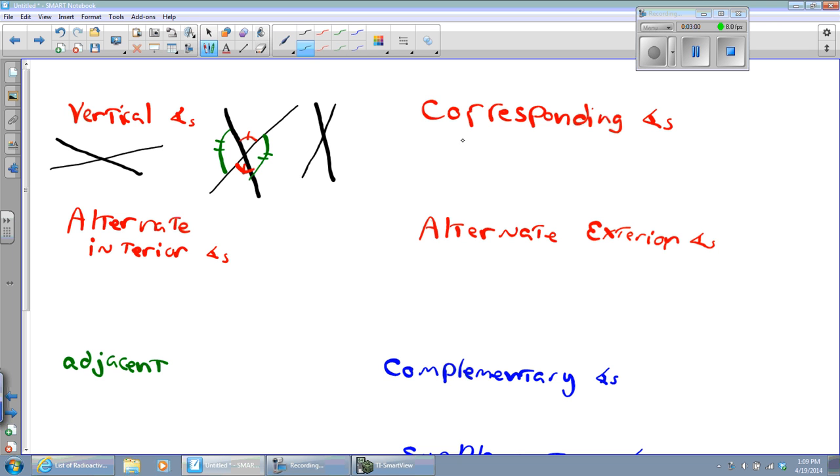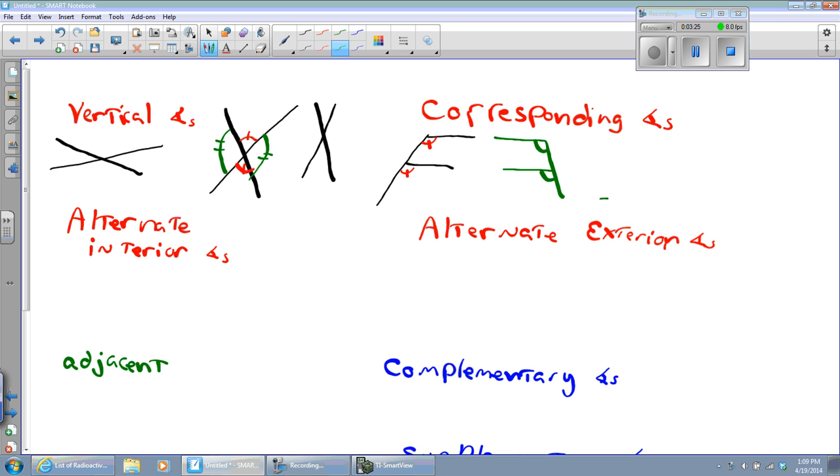Now, when you have corresponding angles, you're going to think of the letter F. Inside the F here, this angle and this angle are congruent. They have equal measure. Now the cool thing is, the F could be a backwards F. It could go like this. Those two are congruent.